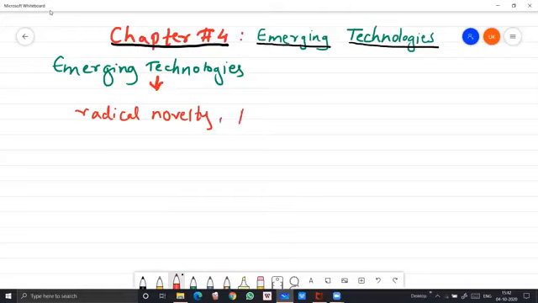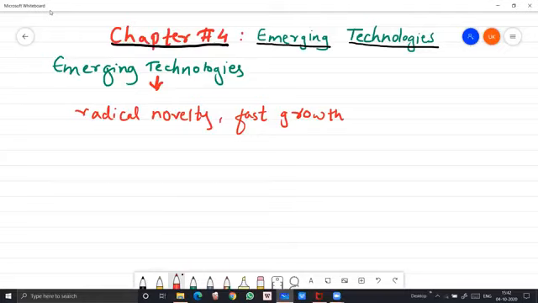Relatively fast growth, because emerging means it is always growing, and it has a prominent impact on the technologies.